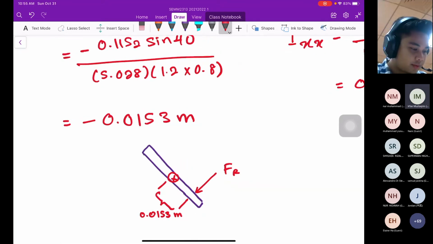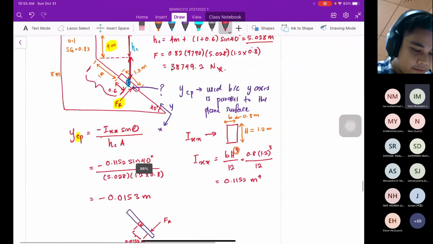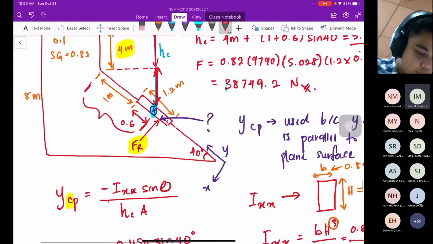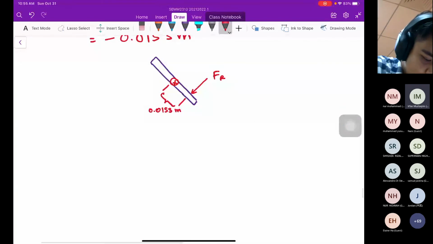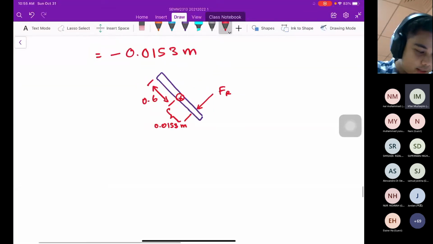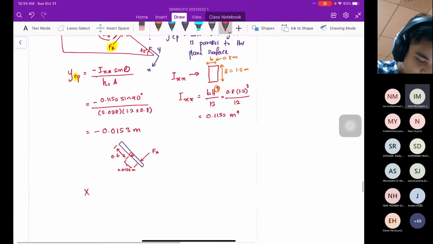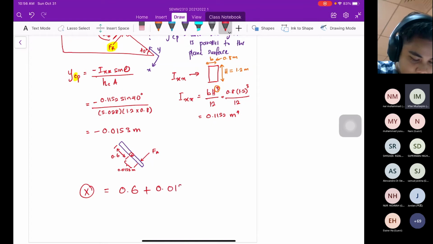So, how to calculate here? Basically, we have the centroid, you can see 0.6. From here to here is 0.6. So definitely we need to add. The centroid location, therefore the x location, is 0.6 plus 0.0153 meter.